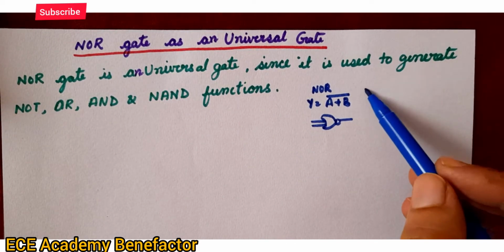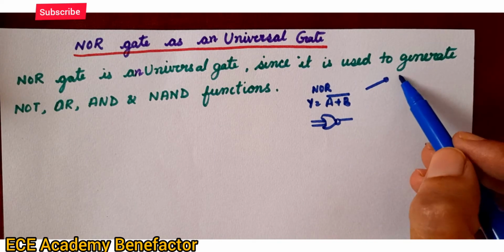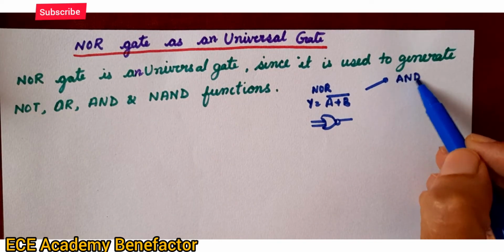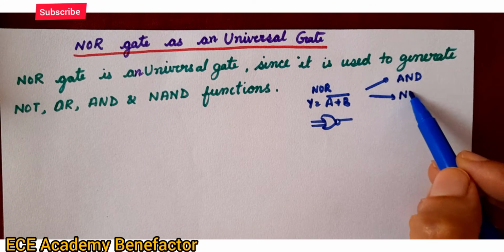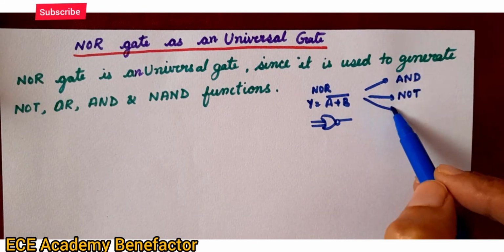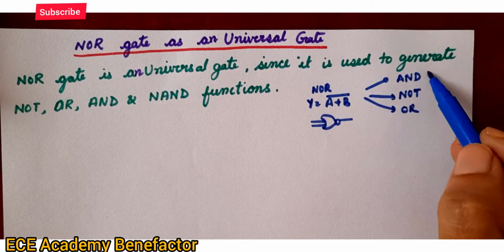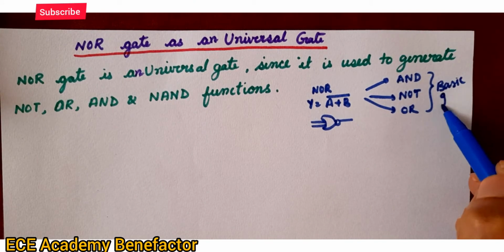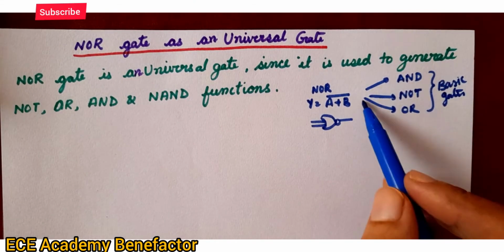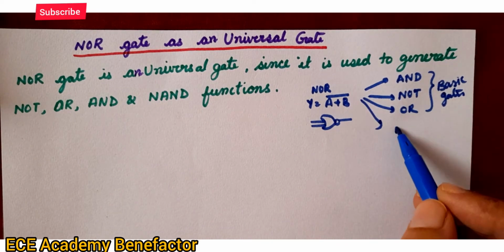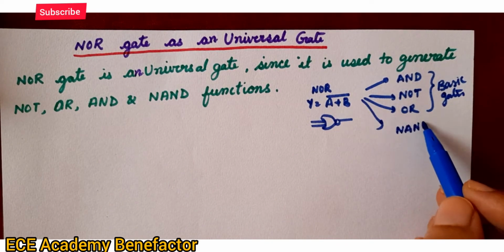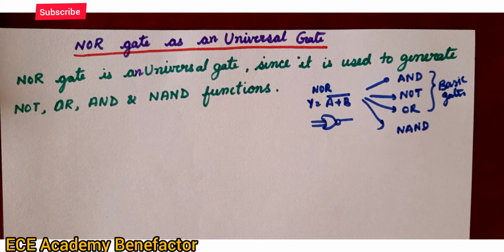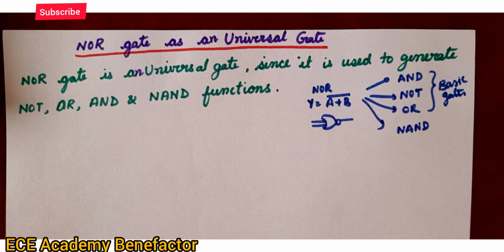So this NOR gate can be used to implement AND gate, NOT gate, OR gate. These are known as basic gates or basic functions. It can also be used to implement NAND gate. So you know there are two universal gates, NAND gate and NOR gate.